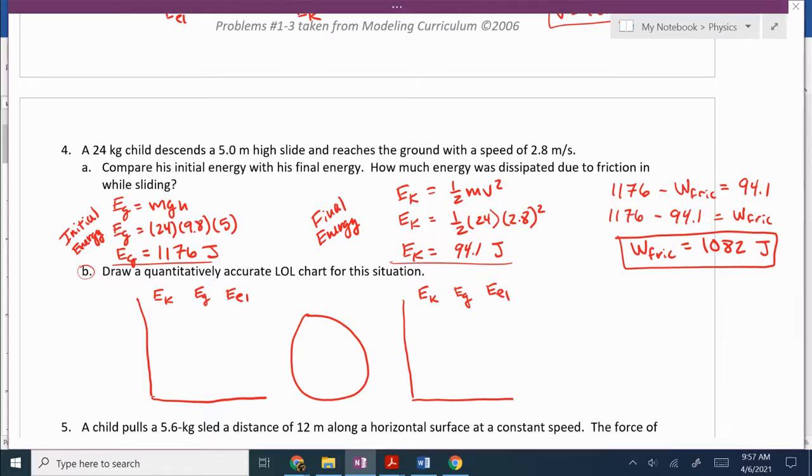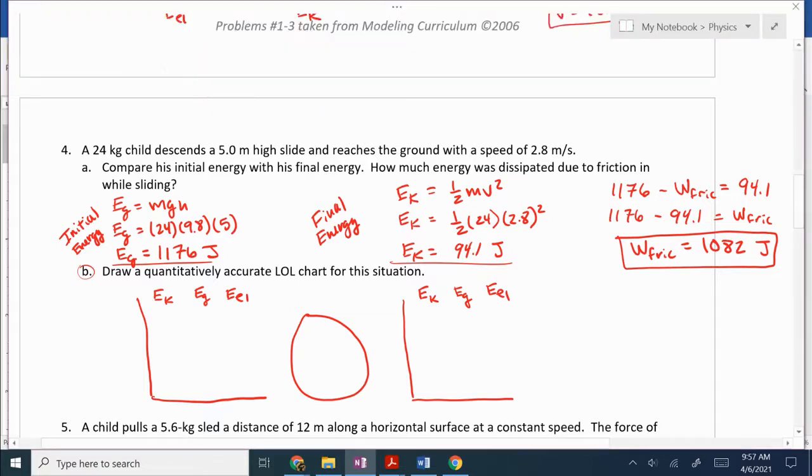Things that we should put in the system: mostly just the child. The child starts out with gravitational energy and loses most of it.